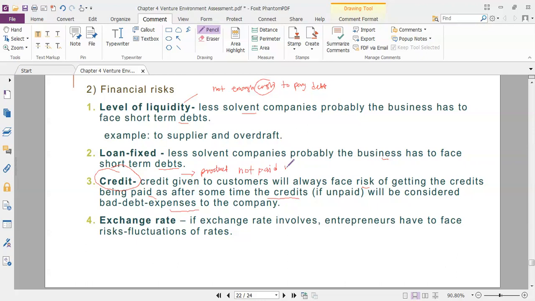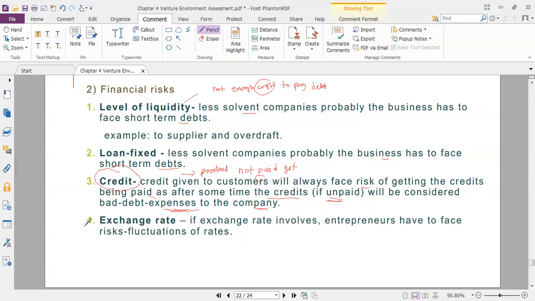If the customer does not pay, unpaid, it will be considered expenses. The company will bear the losses because they give credit to customers.